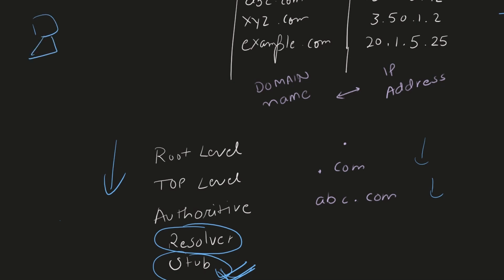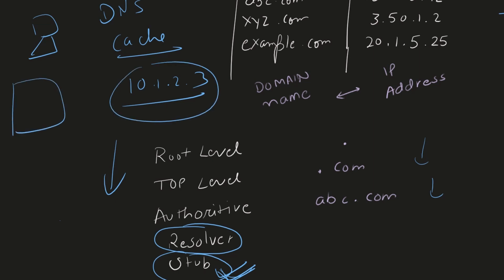Your PC will have a DNS cache. Suppose I went to mail.google.com and its IP address is 10.1.2.3, and I go to this website quite frequently. So my PC will save this IP address against mail.google.com in its cache, or in its stub. So the PC itself is a stub resolver.